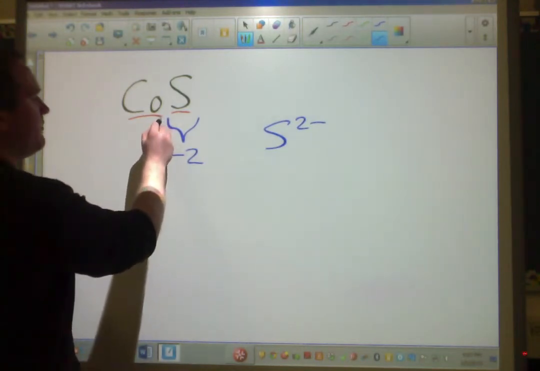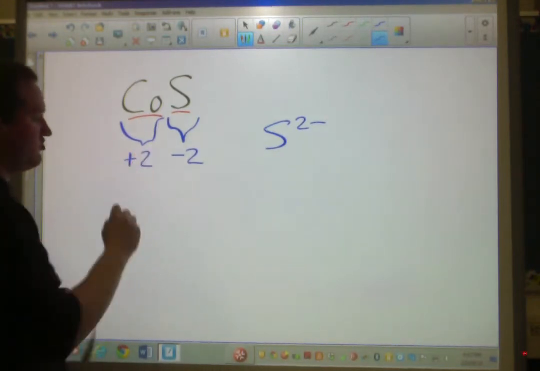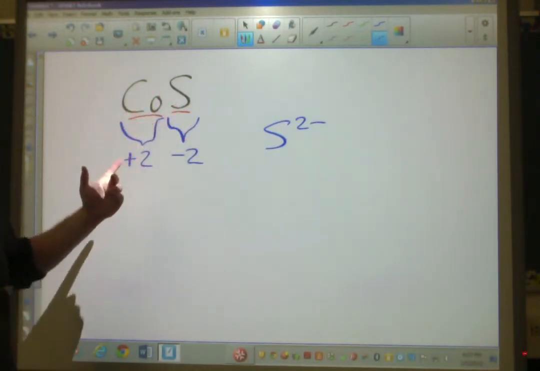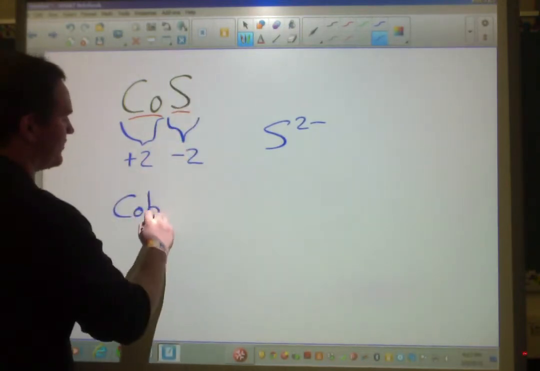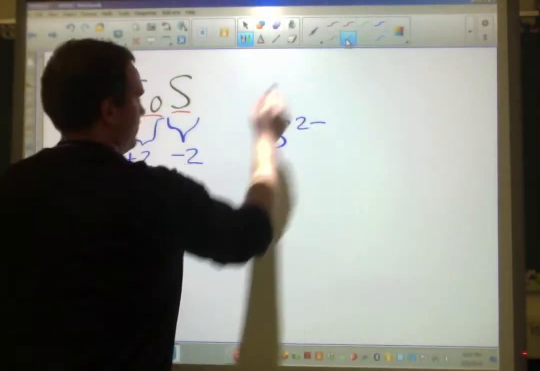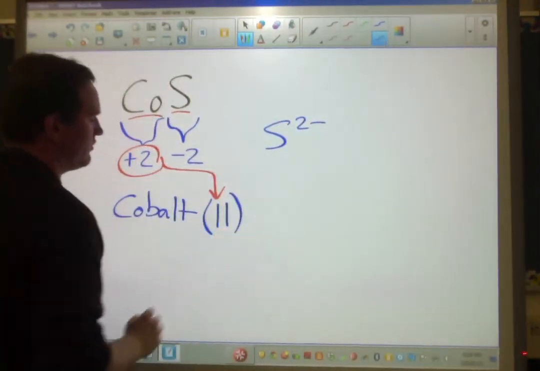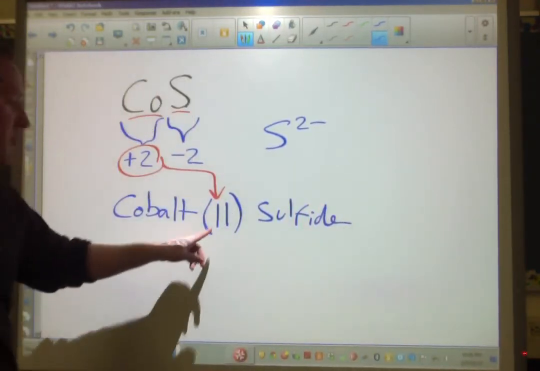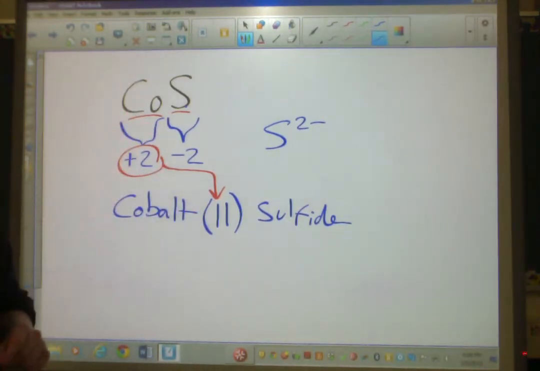So therefore, in order to balance it out, the cobalt must contribute just the opposite, +2. So the sulfur is -2, the cobalt must be +2 to balance it out. So we're going to call this cobalt Roman numeral 2 sulfide. So remember, the Roman numeral is the charge on the cobalt. Very common mistake I see, and it's important that you don't fall into this pattern.